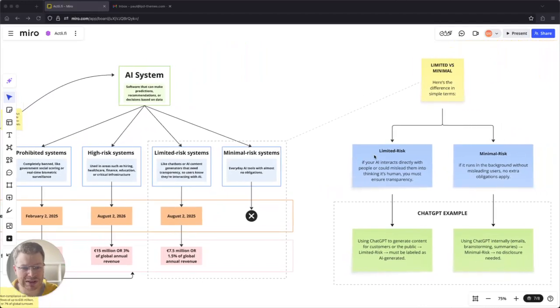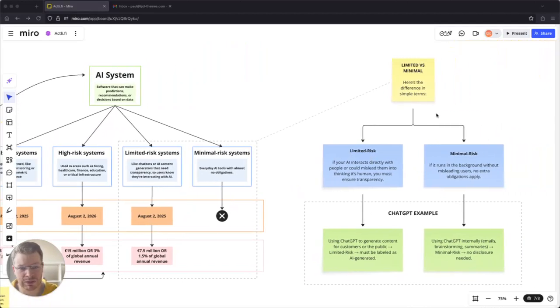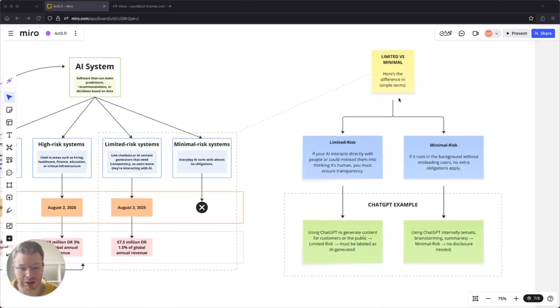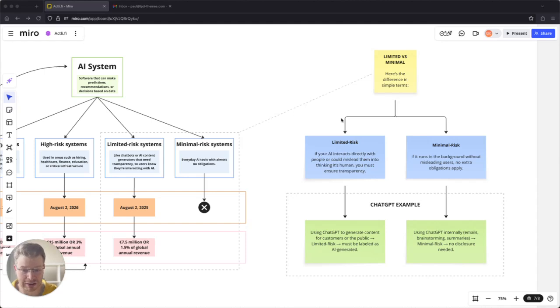Minimal risk systems are everyday AI tools with almost no obligations. So now we need to understand the difference between limited and minimal, because these two systems are very similar and we need to classify both of them the correct way.